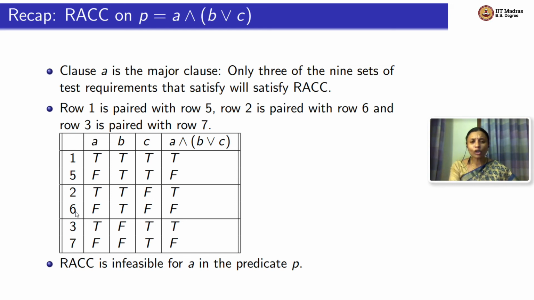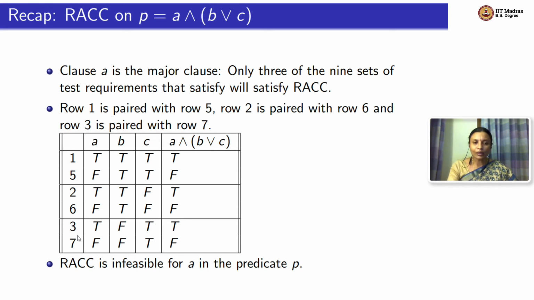That's again not possible. 3 is fine, but 7 again violates. None of these combinations of 1, 5, 2, 6, 3, 7 are a feasible test requirement for RACC because they end up violating one or more of the extra constraints that we had.